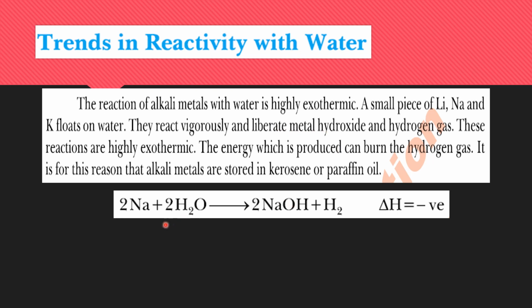You can see that when they react with water, they produce the hydroxides, and a large amount of hydrogen is released, and the reaction is exothermic, and the energy produced can burn the hydrogen gas, and it is for this reason that alkali metals are always stored in kerosene or paraffin oil.